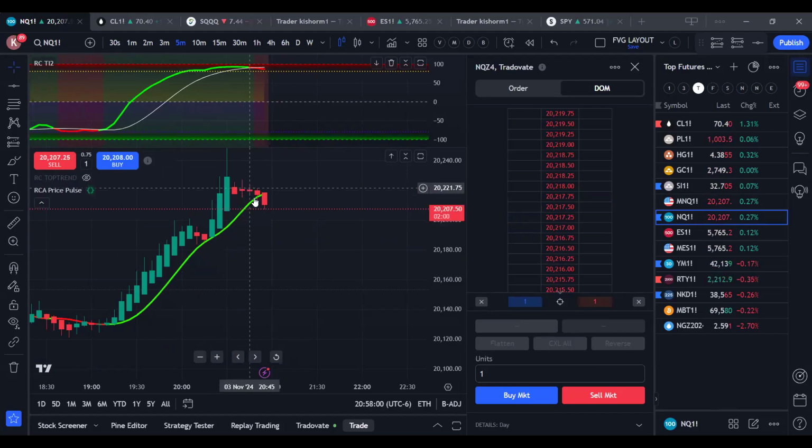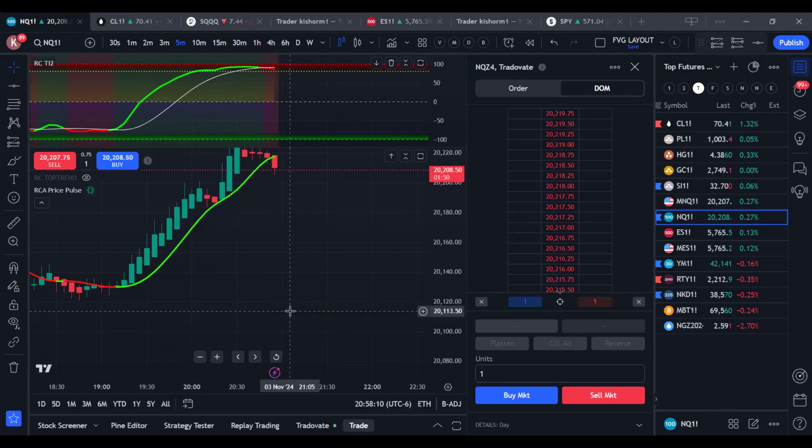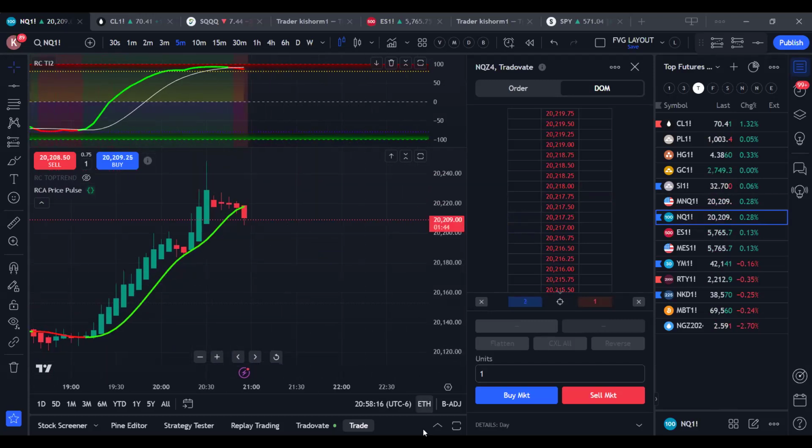Or in case Europe brings it down to the low, tomorrow when the US market opens, if you see the price is below the low of Friday, then immediately the market will start taking out. So all you have to do is just wait for that second buy or second sell signal.